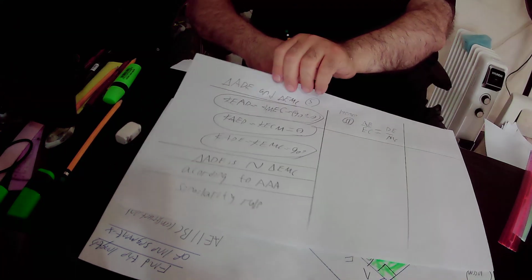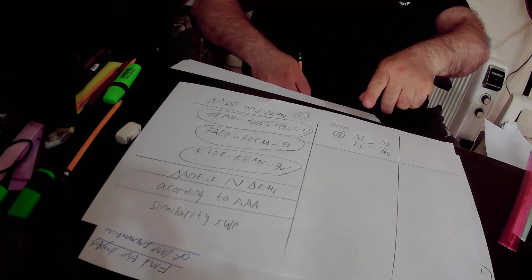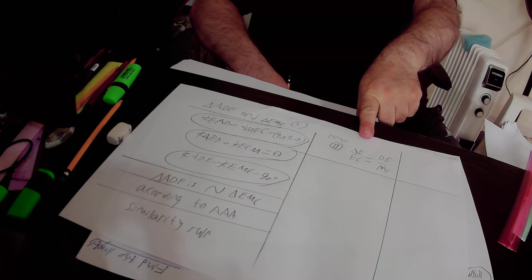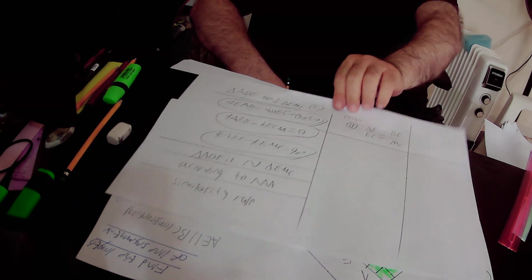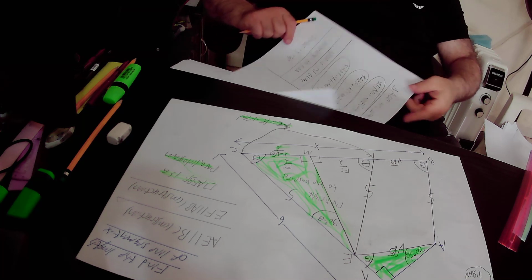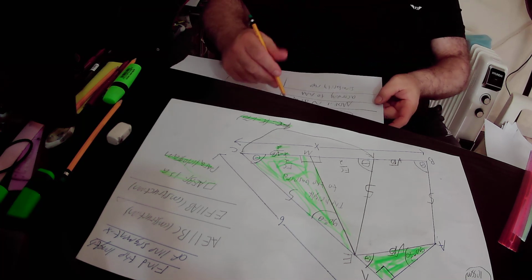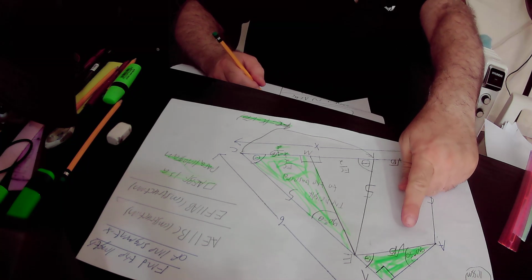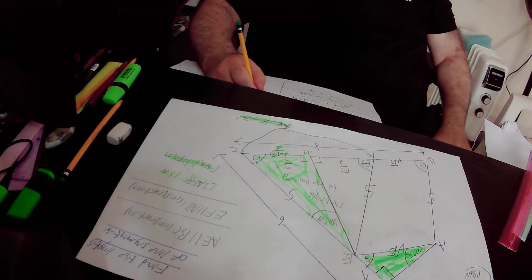I will repeat again, from the fact that the two right triangles are similar to each other, we will conclude that AE over EC equals DE over MC. AE equals the square root of 10 units.